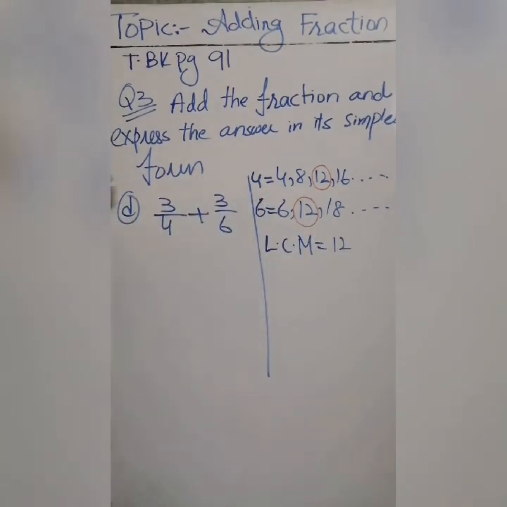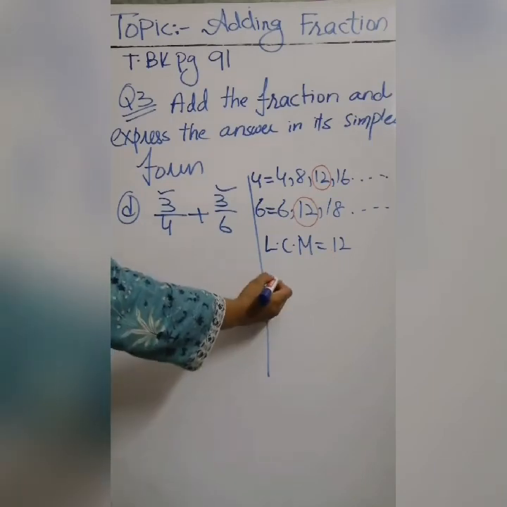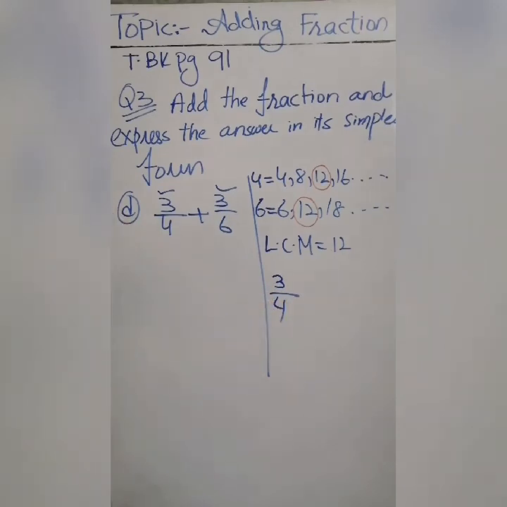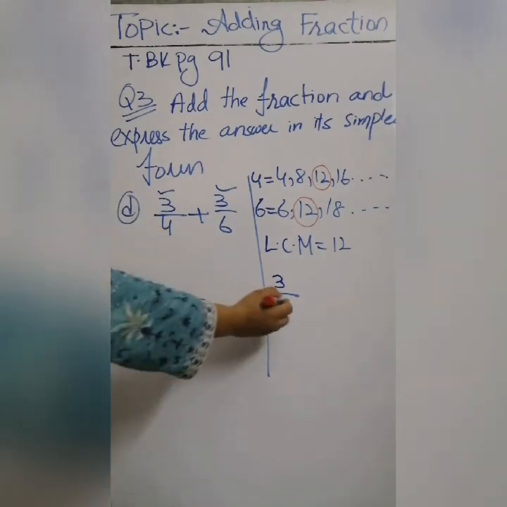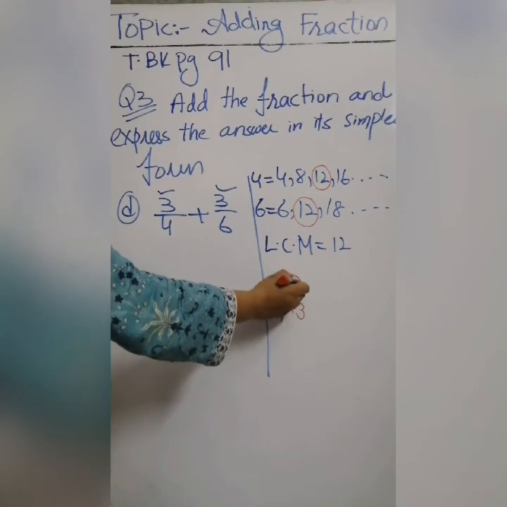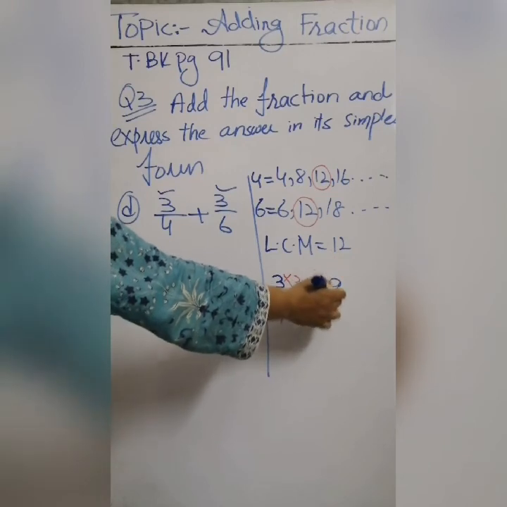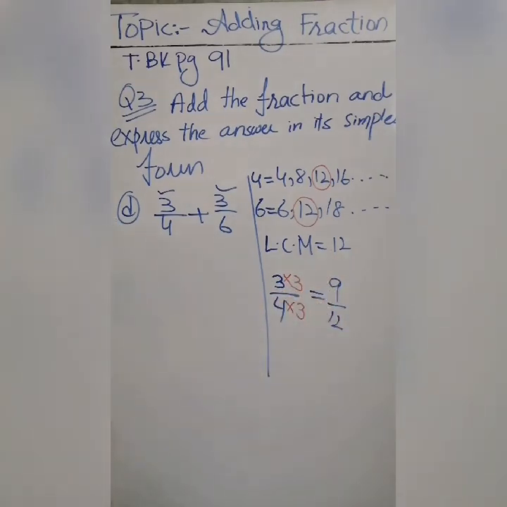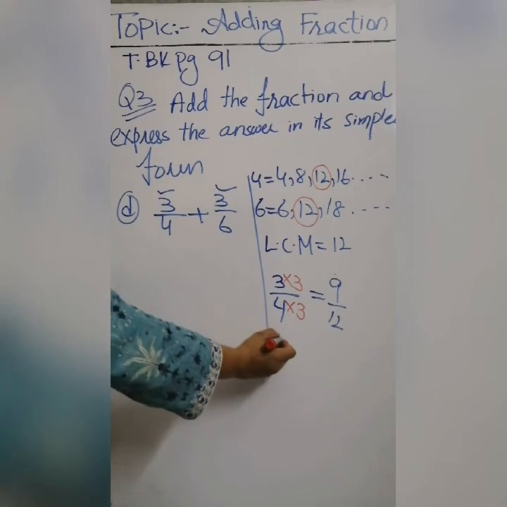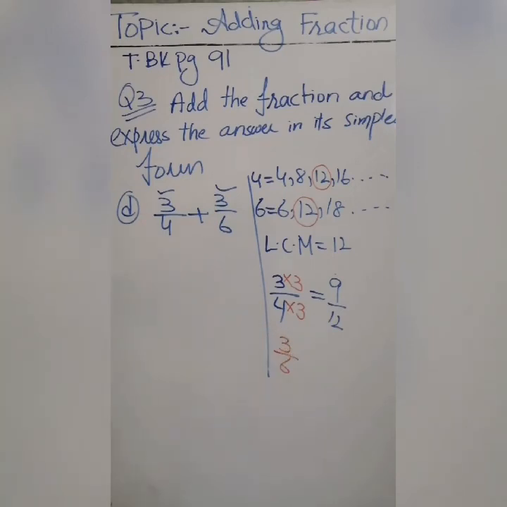Now we convert both fractions into equivalent fractions with denominator 12. 3 by 4. 4 multiplied by 3 to get denominator 12. We multiply its numerator also by 3. 9 by 12 is the new fraction. This is also called an equivalent fraction. Now 3 by 6.